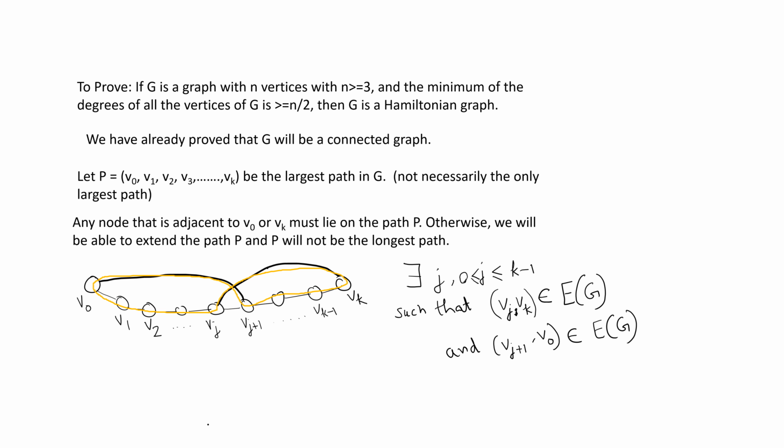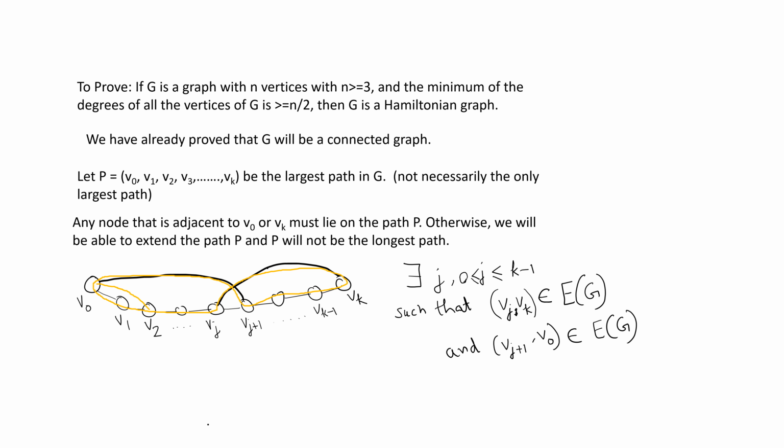Okay, so if there is no cycle, then any neighbor of V0 will basically disallow the node preceding it to be a neighbor of Vk.